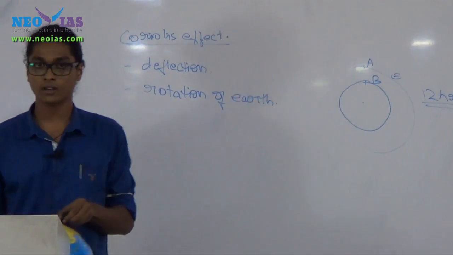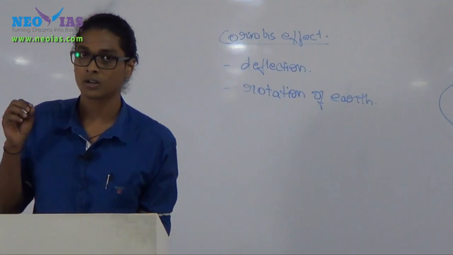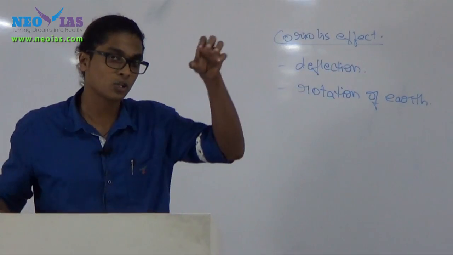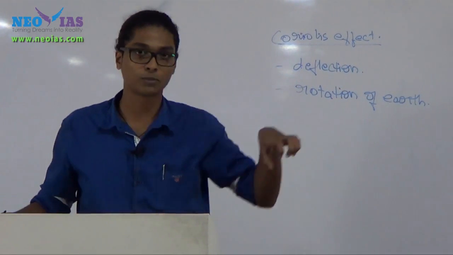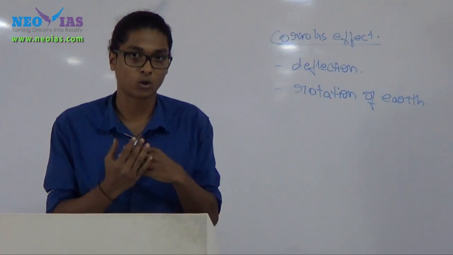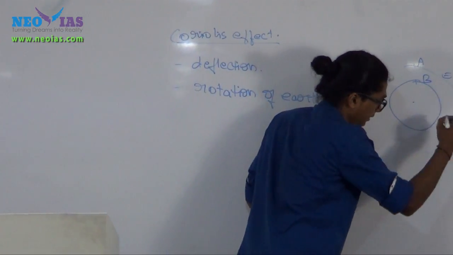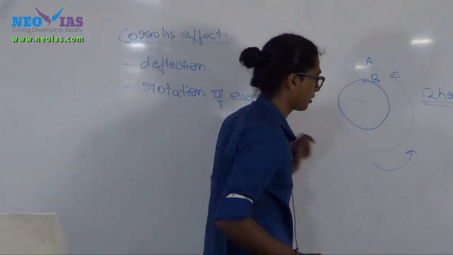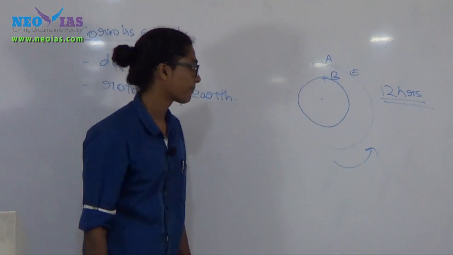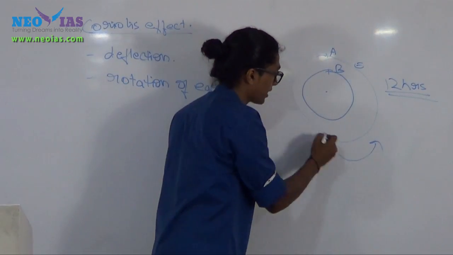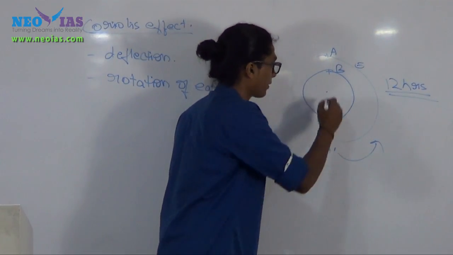So always be aware that the rotation of the earth is from west to east, and it is explained as such if the observer is observing from the north pole. Now the rotation will be anti-clockwise. Now say it is having anti-clockwise rotation, and it will be rotating in this direction, right? Now after say 12 hours, the point A will reach here, suppose point A1.